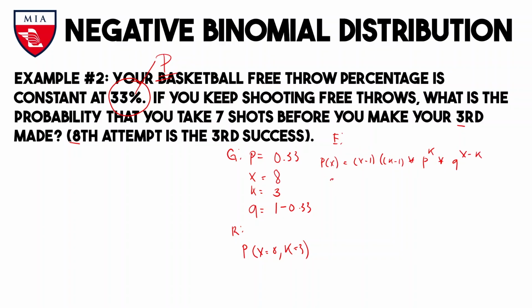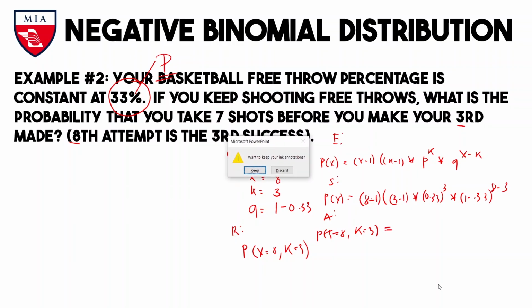Okay, so for the solution, we have (8 minus 1) C (3 minus 1) multiplied by 0.33 raised to 3 multiplied by (1 minus 0.33) raised to 8 minus 3. So for the answer, the probability of x equal to 8, k equal to 3, let's use the calculator.